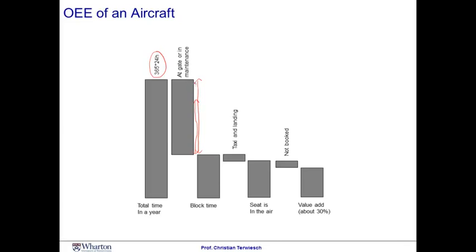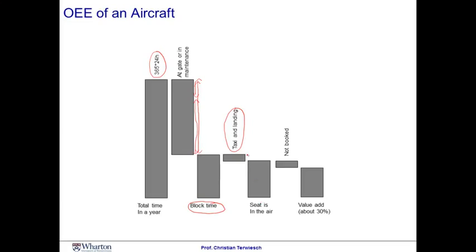The other chunk here is maintenance that is required for the planes. This leaves us with an amount of time that is typically referred to as block time. This is the time that the plane is actually moving. But moving includes taxi and landing, not, at least from the customer's perspective, necessarily value add.